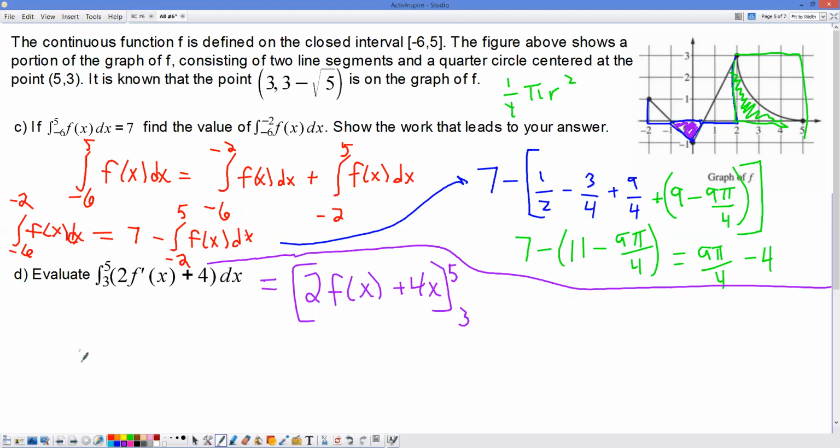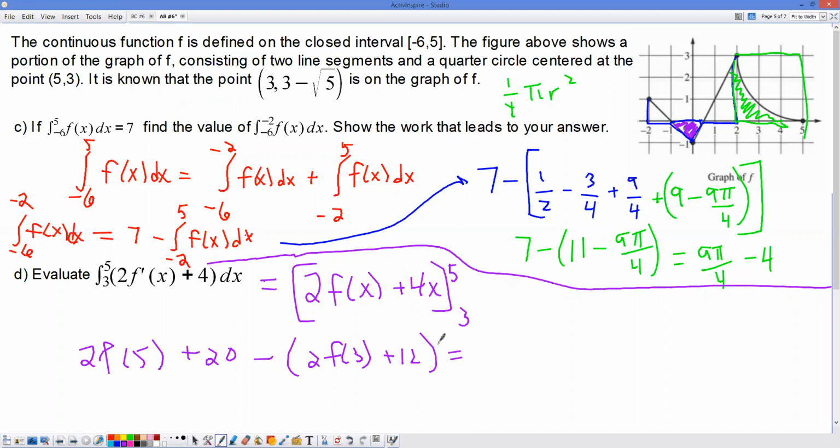So this should be 2 times f of 5 plus 20 minus 2 times f of 3 plus 12. Make sure you get that whole second part in parentheses.